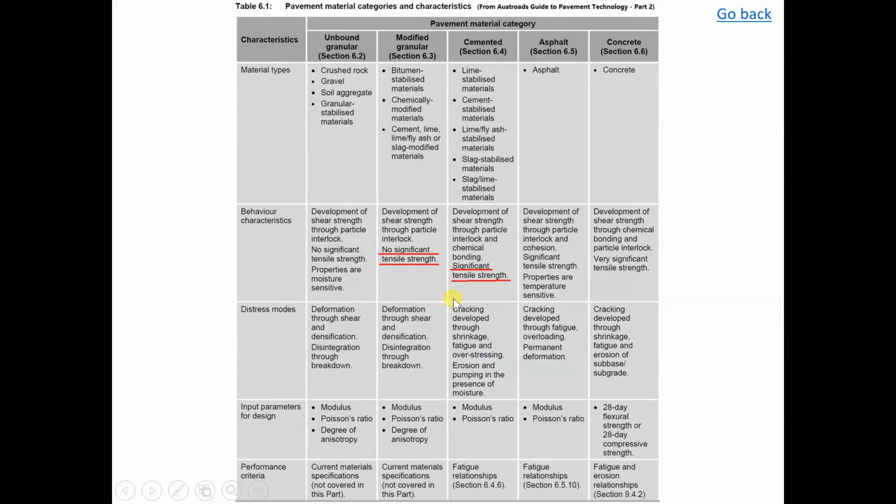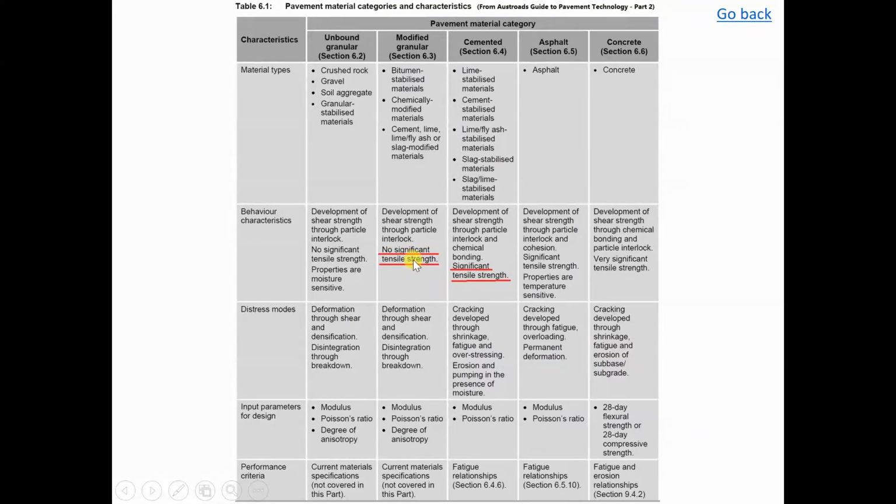Okay, deformation. So in a way, for the modified granular material layers, if there is no significant tensile strength, we assume it will not fail by deformation. Even though there might be some shift, the layers might sink, densification, we assume the deformation happens at the subgrade rather than the layers above.